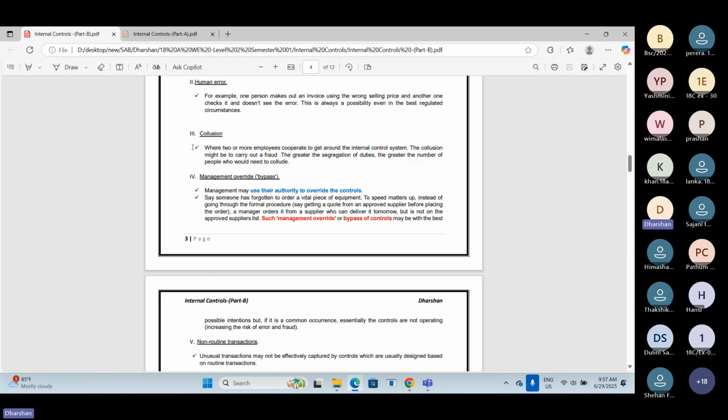I have given two scenarios. In scenario A, five people are involved, but only two people are involved in the fraudulent activity. Their fraudulent activity will be stopped at the third point because the third activity is done by C. So they can't carry on their fraudulent activity further.